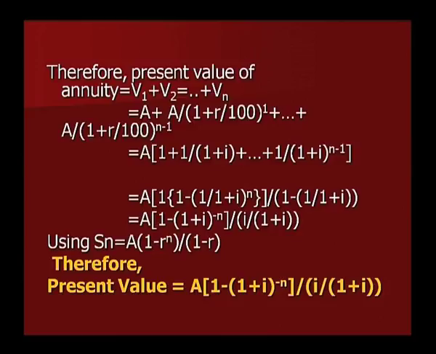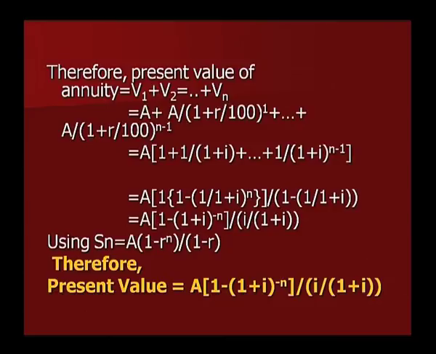the power n] whole divided by [1 minus 1 upon (1 plus i)]. That is equal to A multiplied by [1 minus (1 plus i) to the power minus n] whole divided by i upon (1 plus i).